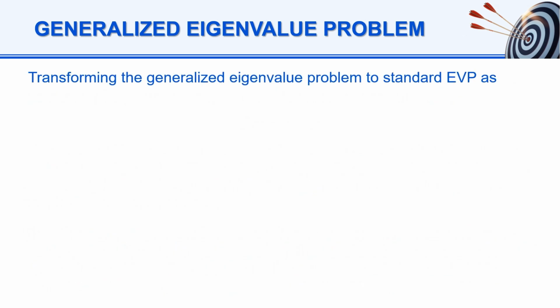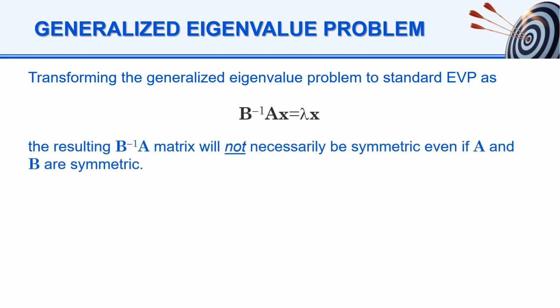Transforming the generalized eigenvalue problem to a standard eigenvalue problem by multiplying both sides with the inverse of matrix B, the resulting inverse B-A product matrix will not necessarily be symmetric even if A and B are symmetric.